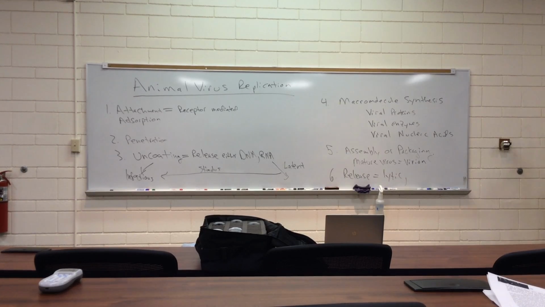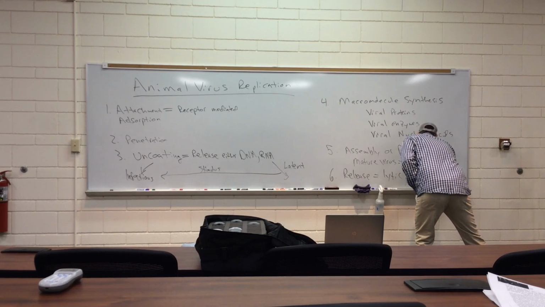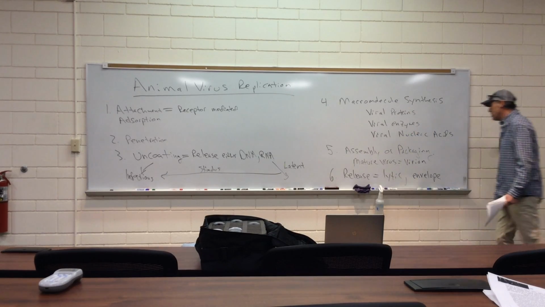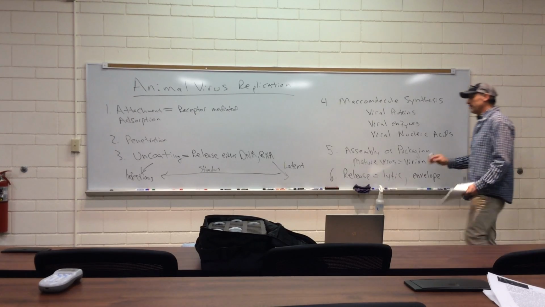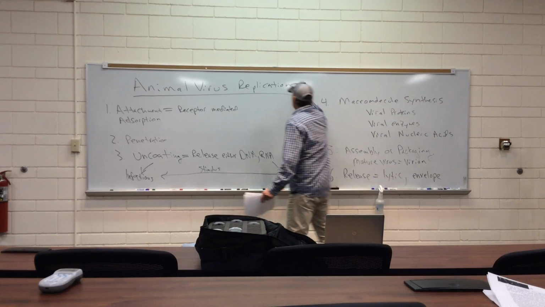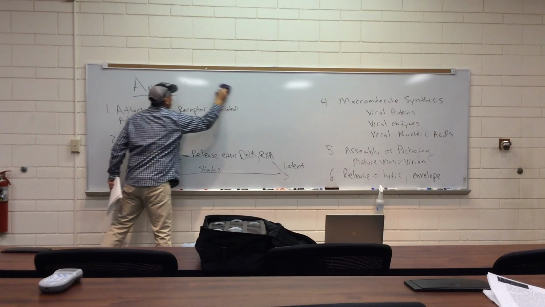Or it can be actively exocytosed, and that's where we end up getting those host cell envelopes. I had sketched that whole thing out before. We'll talk about the differences of animal viruses and those of bacteriophage and plant viruses a little ways down the road.